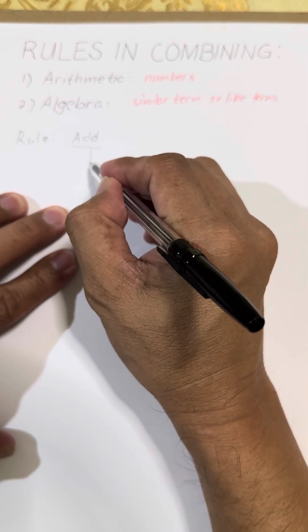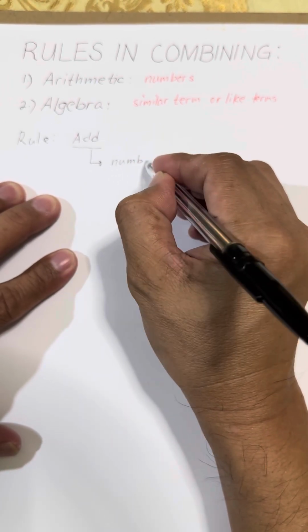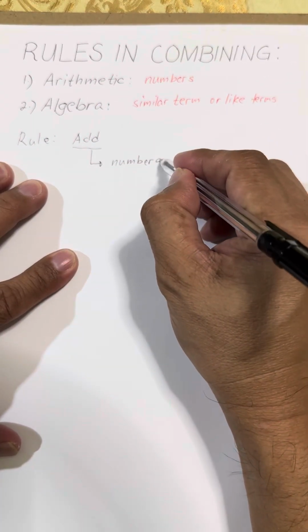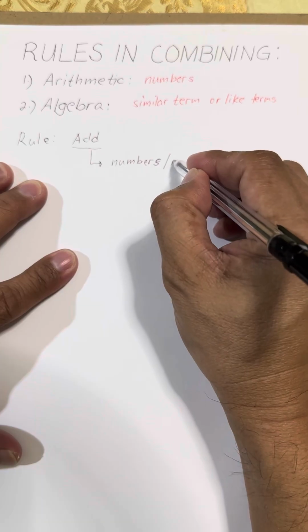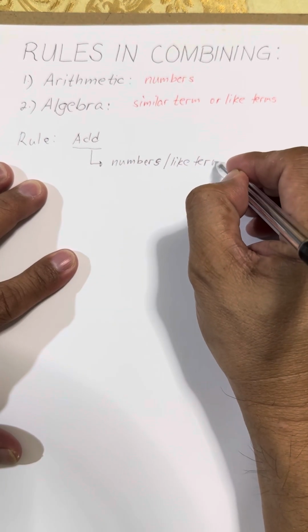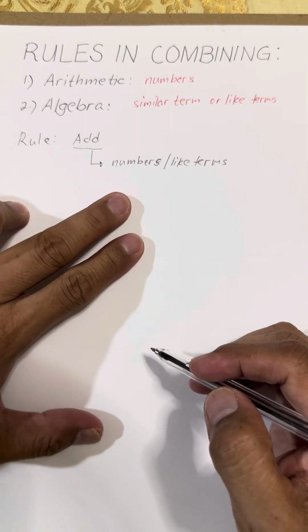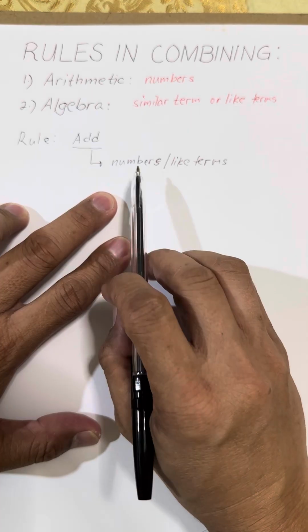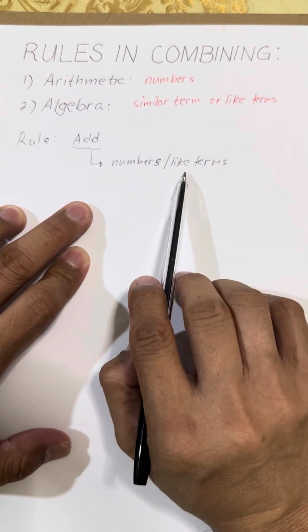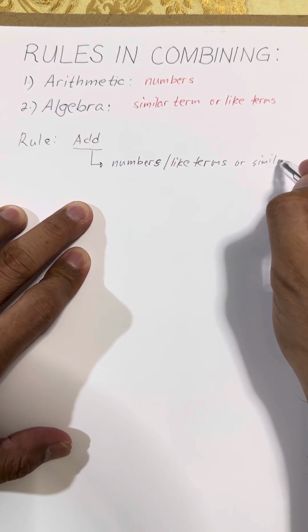Number one, you can add numbers, or when we speak of algebra, we have what we call like terms. So we can add numbers or like terms. Numbers when we talk about arithmetic, but when we are dealing with algebra, we call them like terms or similar terms.